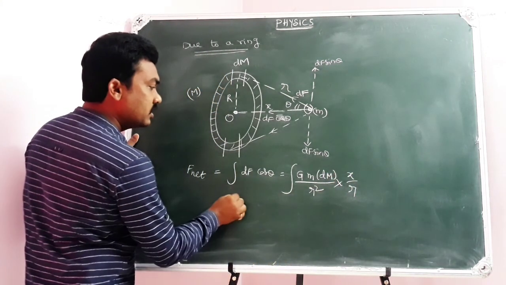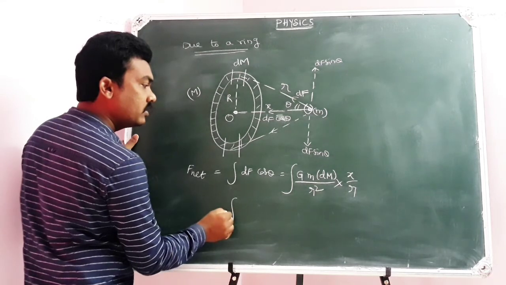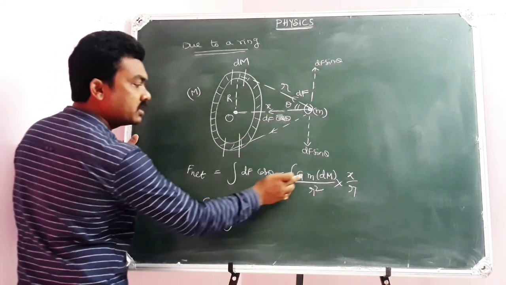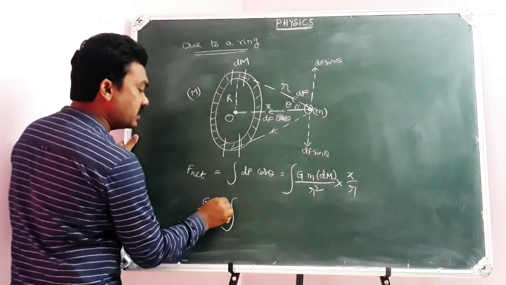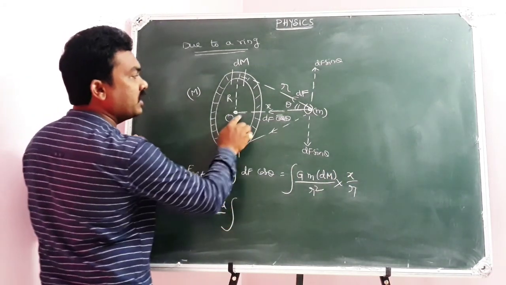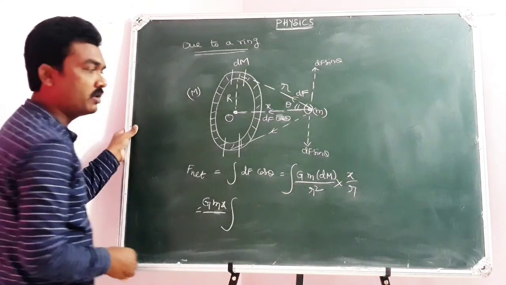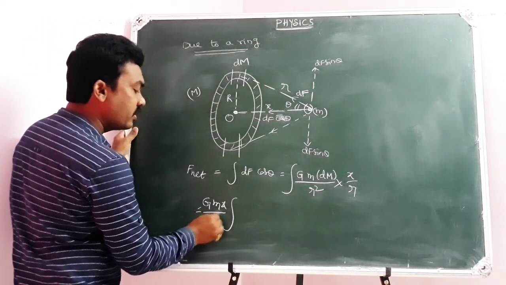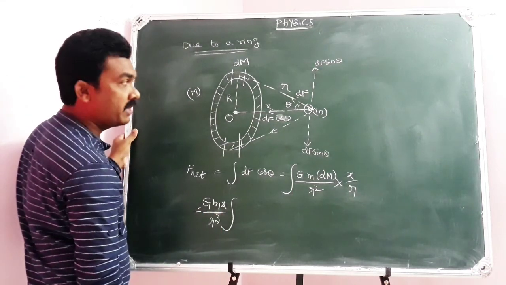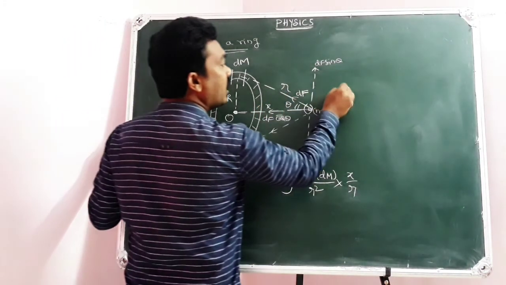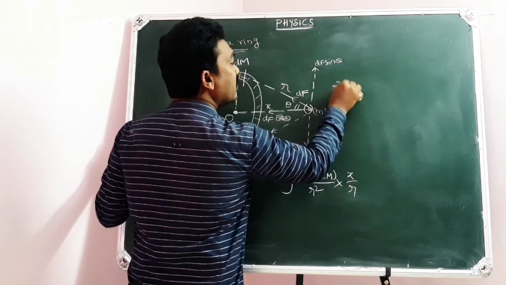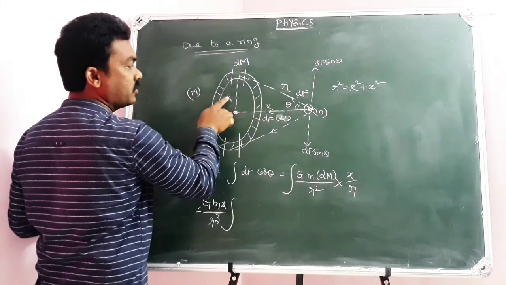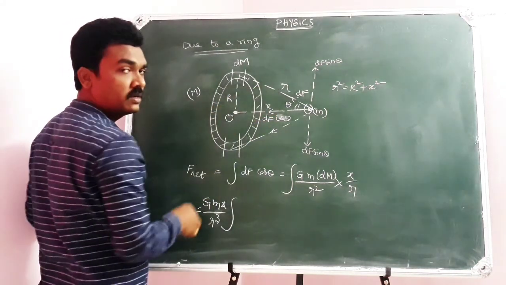This is equal to the integral of constant terms: G constant, small m constant, x constant, the distance of the point from the center of the ring, x constant, and r square into r, which is r cube. r cube is also constant, because here small r square equals capital R square plus x square, because of the hypotenuse.